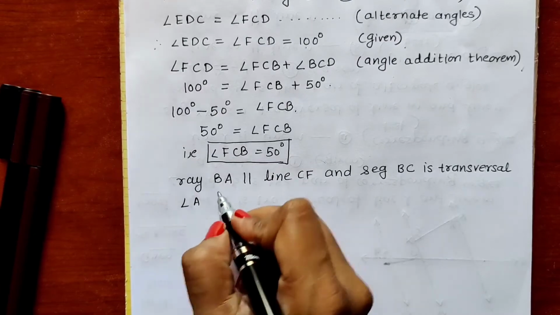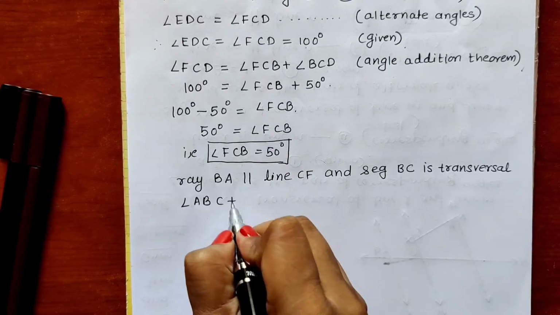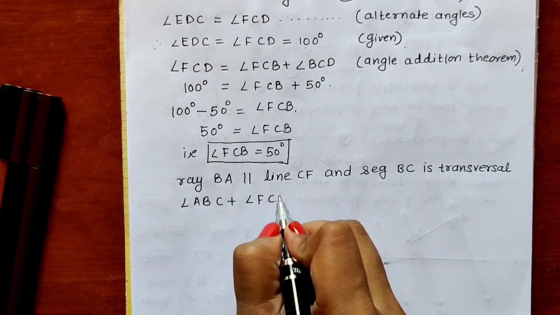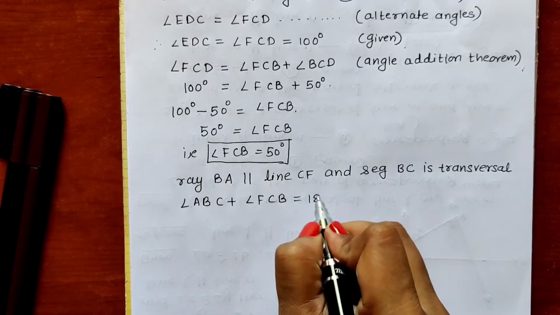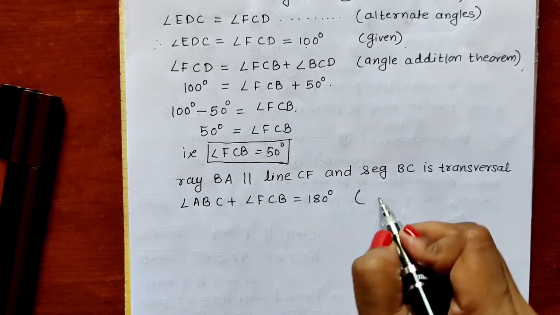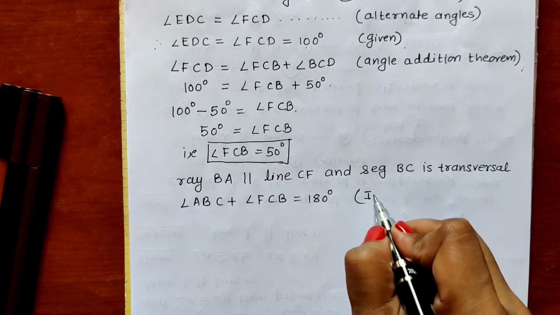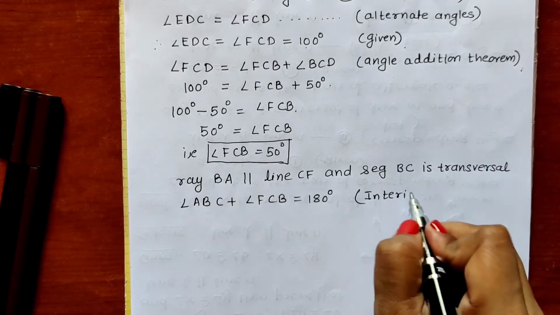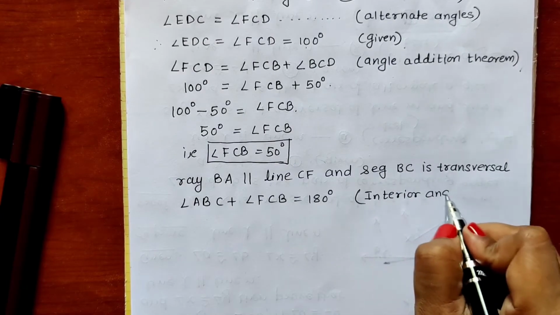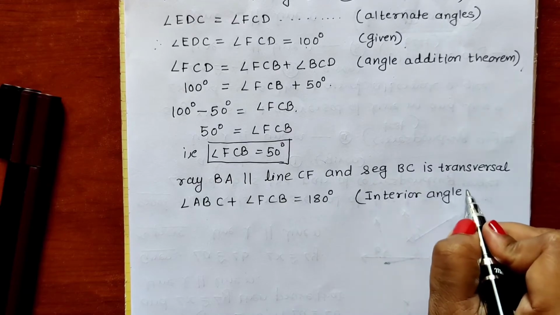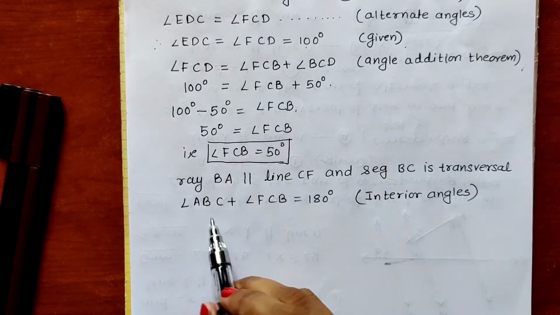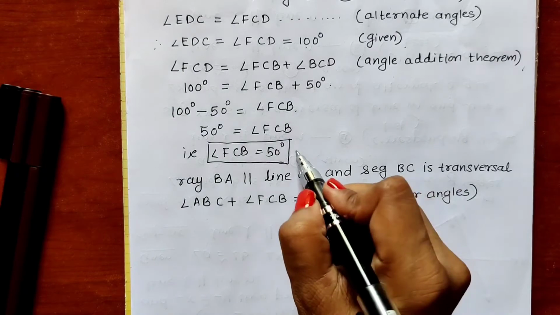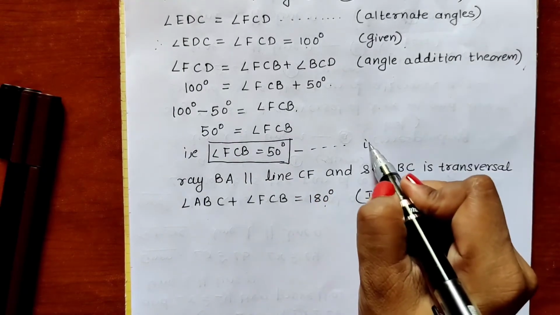Angle ABC plus angle FCB is equal to 180 degree. The reason should be interior angles: interior angles formed by two parallel lines and their transversal are supplementary. So interior angles are supplementary. This I will give number 4.